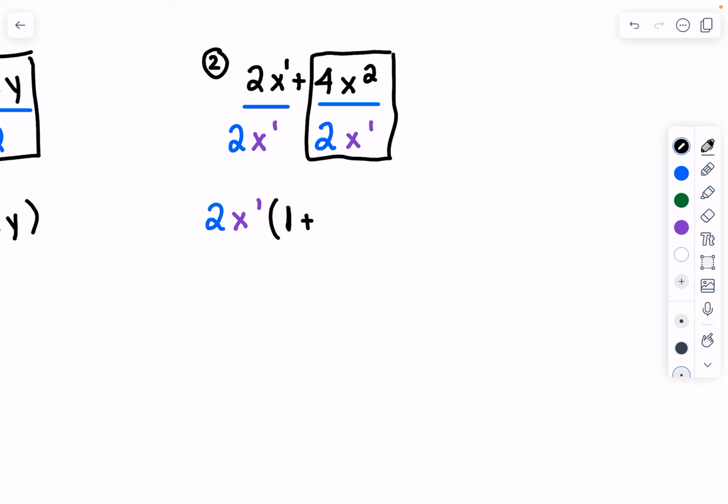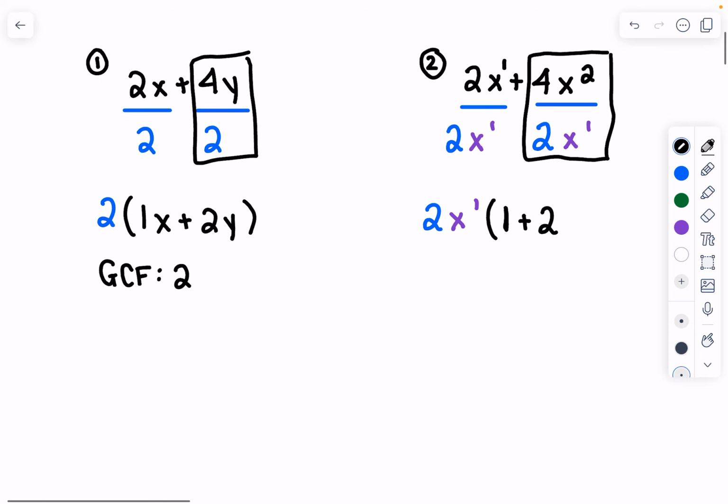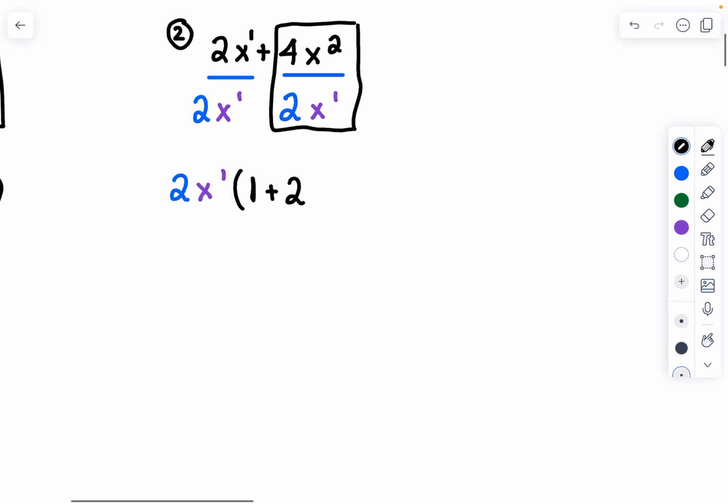I'm going to take 4 divided by 2. Same thing, very similar to the left-hand side question. It's just positive 2. I also have X squared divided by X. X squared is the same as X times X. If I divide it by X, I can cancel things out on top and bottom.